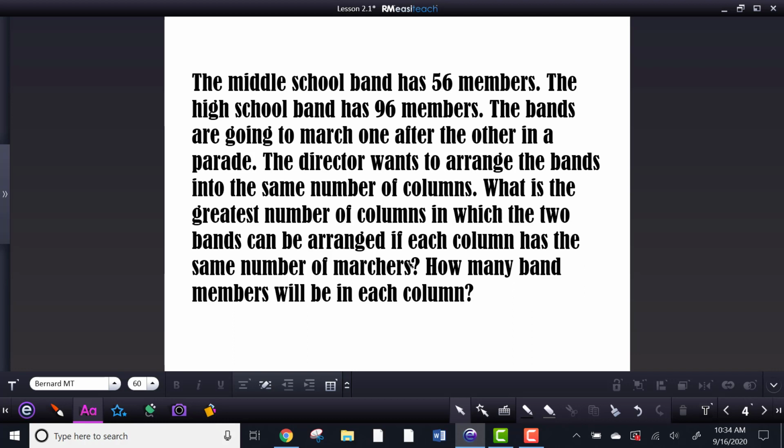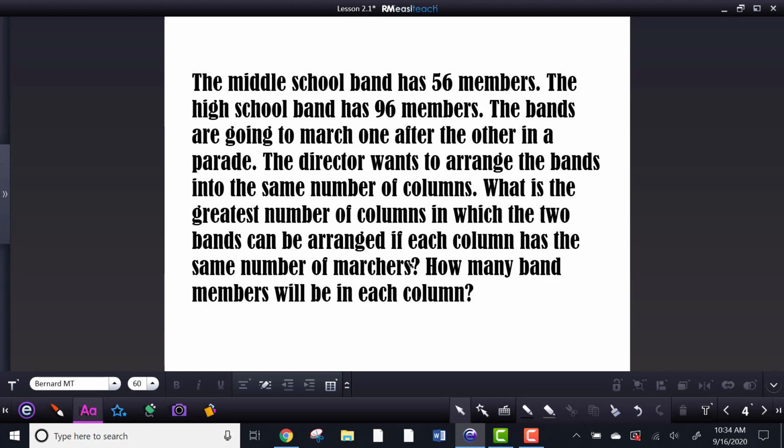The key words in a greatest common factor word problem will be greatest and also most. Whenever you see those, that's a good indicator that it's going to be a greatest common factor word problem.